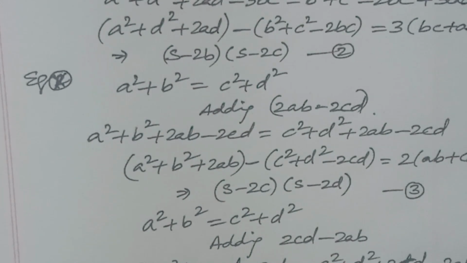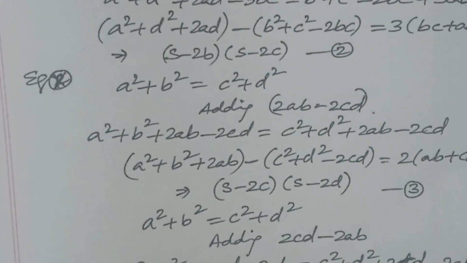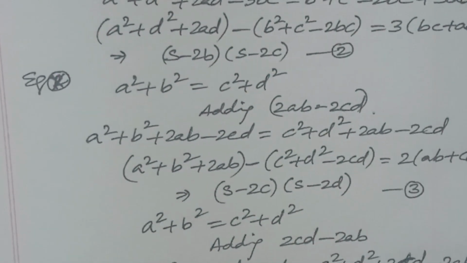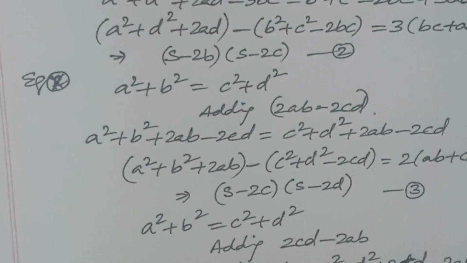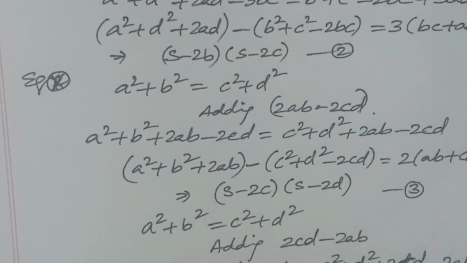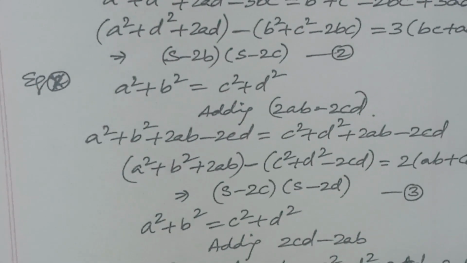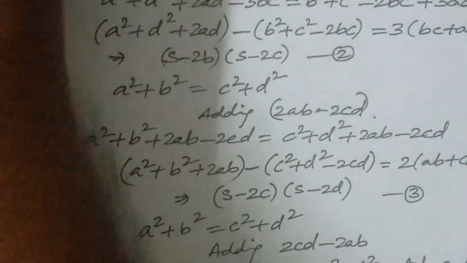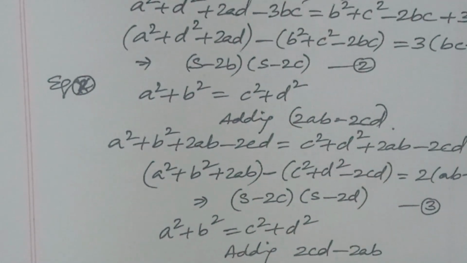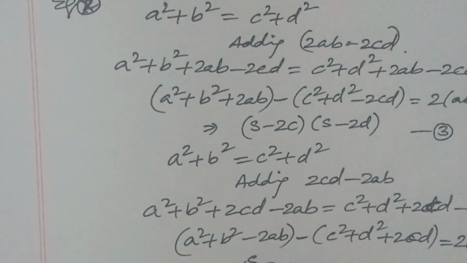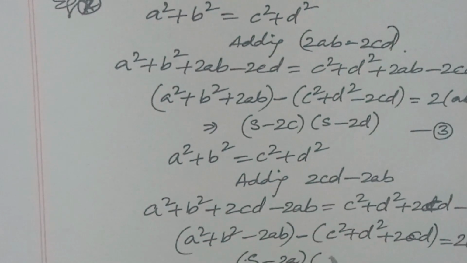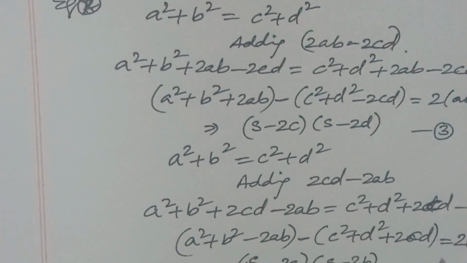So this can be written as A square plus B square minus 2AB minus C square plus D square plus 2CD is equal to 2 of AB plus CD. So this can be written as S minus 2A into S minus 2B. Let it be 4.